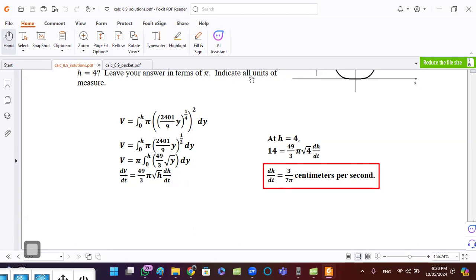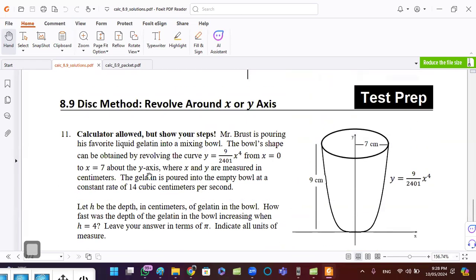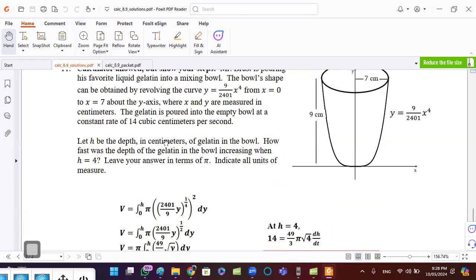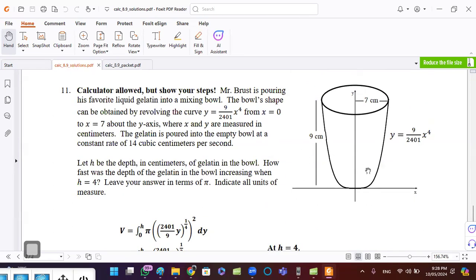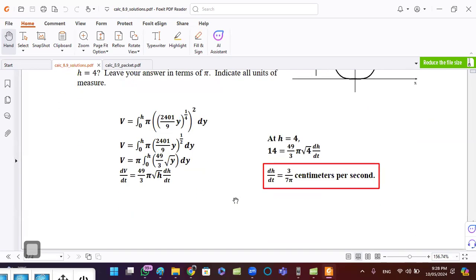Let h be the depth in centimeters of gelatin in the pound. This is the rate of change of the gelatin in the pound, increasing when h equal 4. Leave your answer in terms of pi.